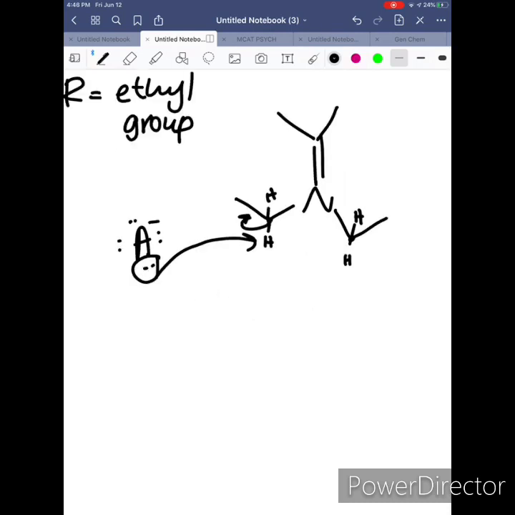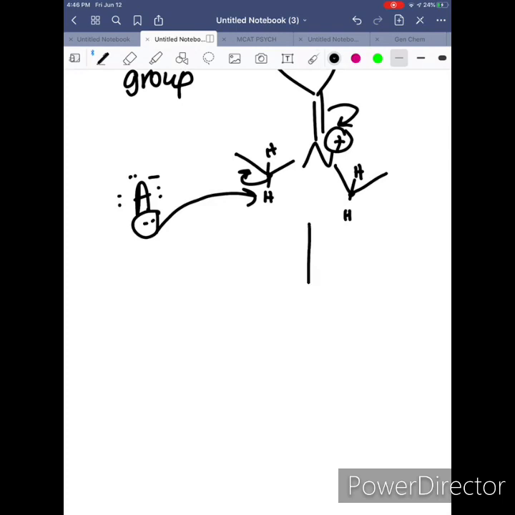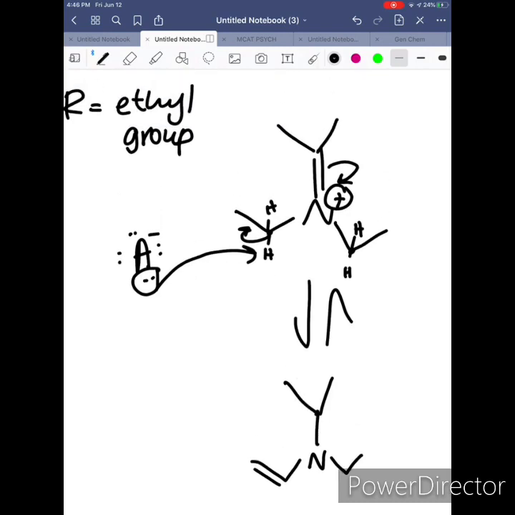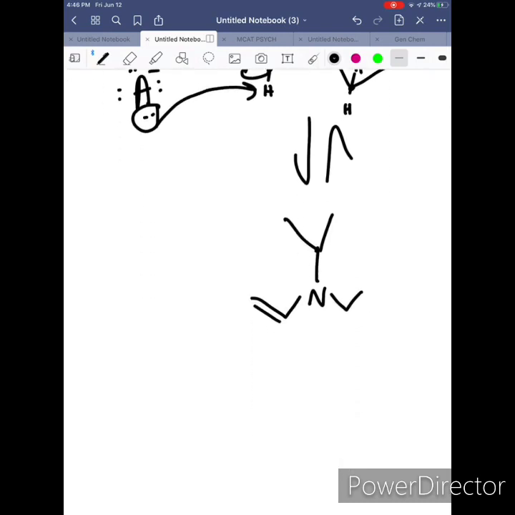After this hydrogen, this hydrogen will donate its electrons onto this carbon, right? And I forgot about this plus sign right here, but these electrons are going to go in here, and you're going to have something that looks like this. So this thing right here is called an enamine.